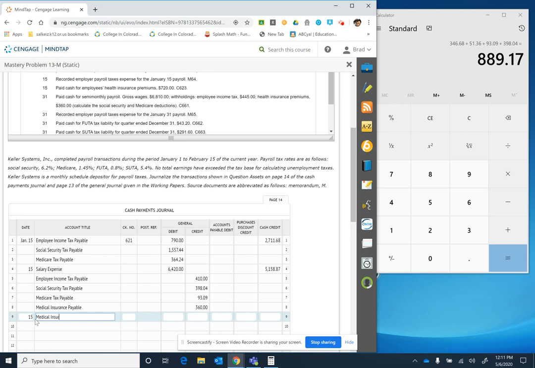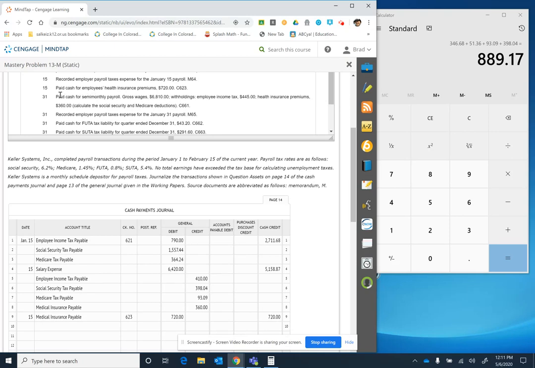This is going to be check 623. We owe this $720, and we're going to pay it. So we're going to debit our medical insurance payable, and credit cash $720 so that we pay that amount. All right. So that takes care of the last transaction for the 15th.